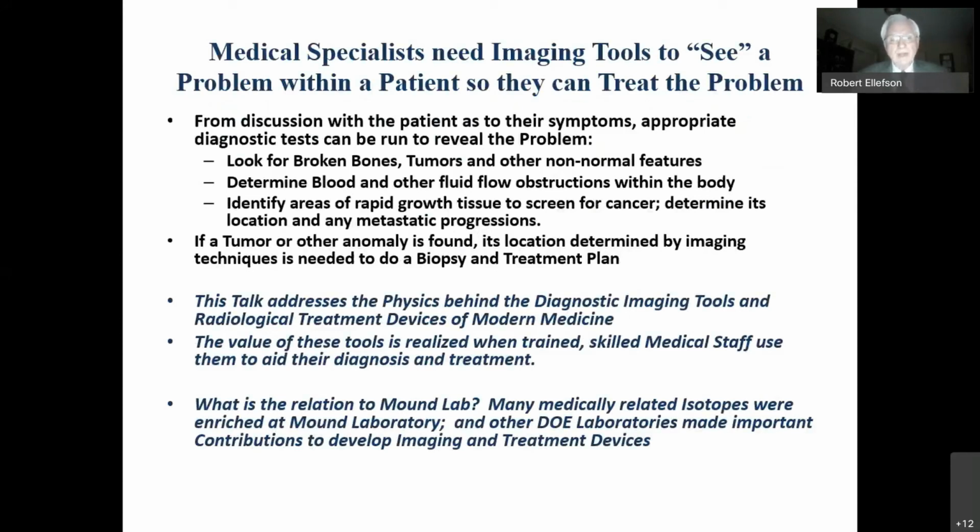From discussion with the patient, you can figure out their symptoms and choose appropriate diagnostic tests to be run to reveal what the problem is, like looking for broken bones or tumors or other non-normal features, problems with blood or fluid flow obstruction within the body, identify areas where there's rapid growth of tissue to screen for cancer. And then you can determine the location of that cancer and any metastatic progressions that occur.